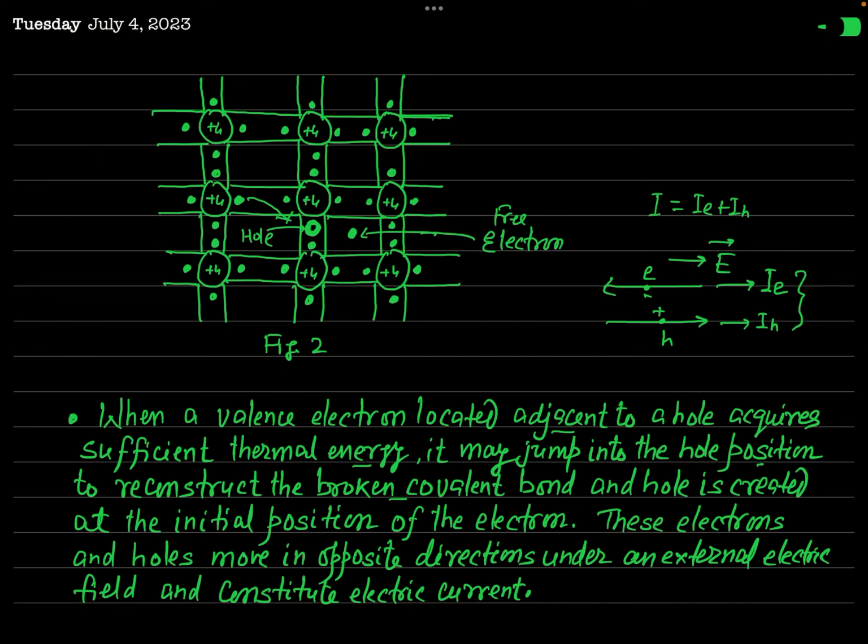These electrons and holes move in opposite direction under an external electric field and constitute electric current. I have shown here that the total electric current will be IE plus IH, where electron is moving in the opposite direction of field and hole is moving in the direction of electric field, and IE is current due to the electron and IH is current due to the hole. And so the total current will be IE plus IH.